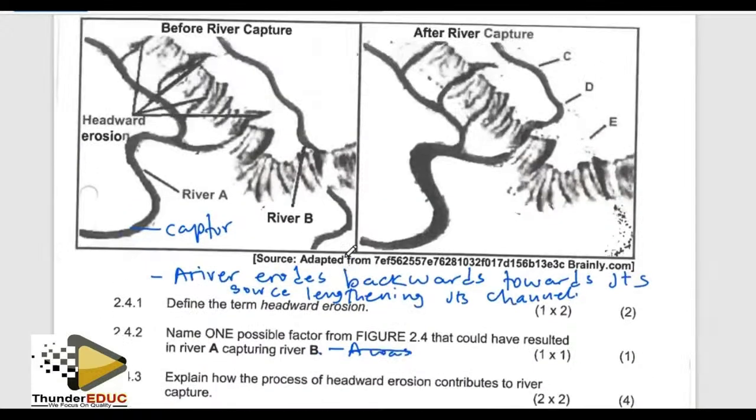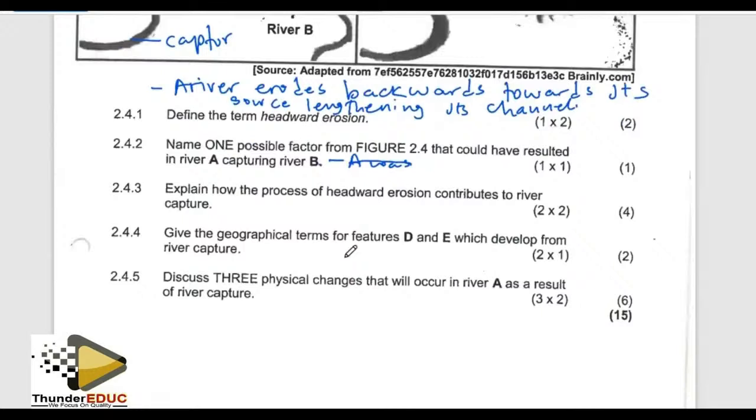You can see feature D here after capturing, which is curving. A feature which curves, you refer to it as the elbow of capture. Feature D, elbow of capture, where capturing took place.